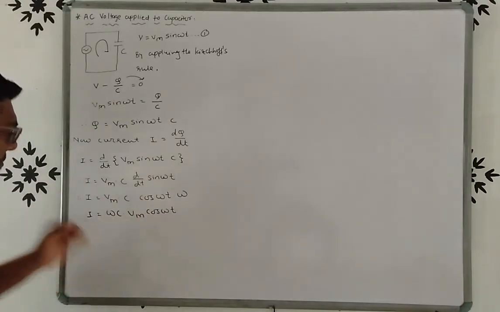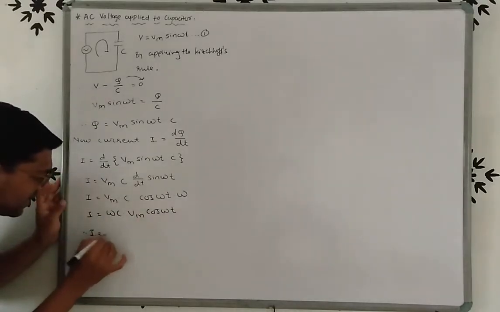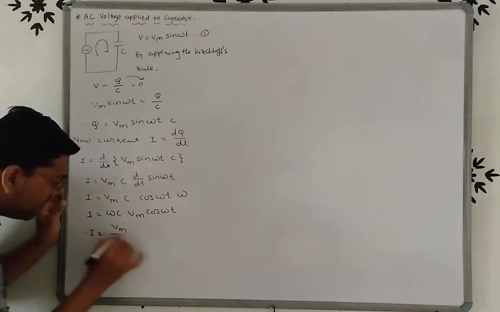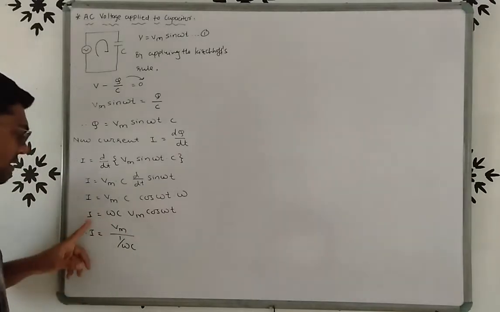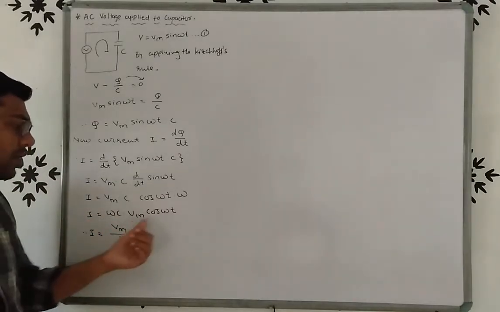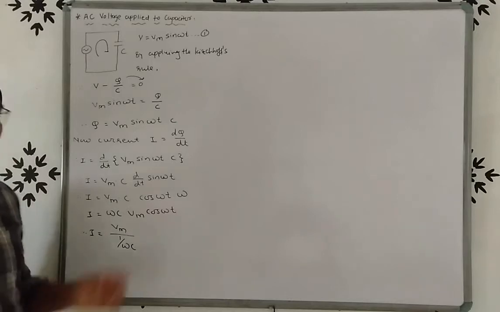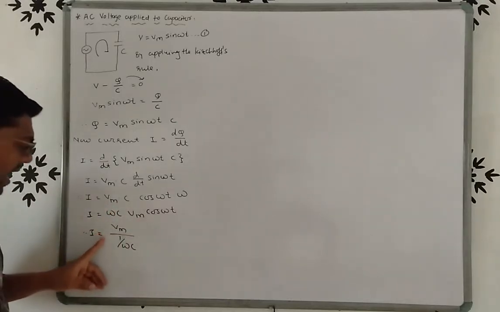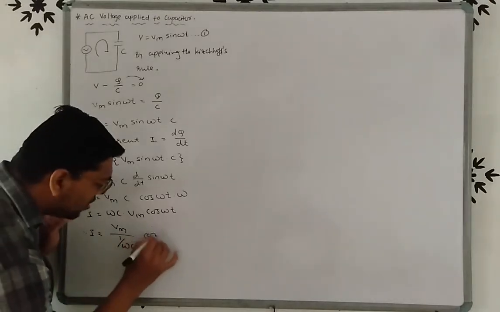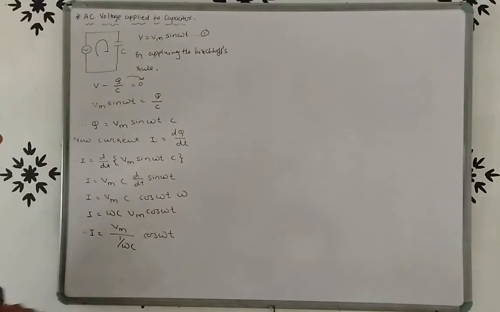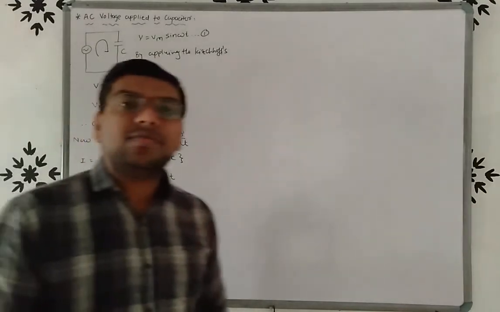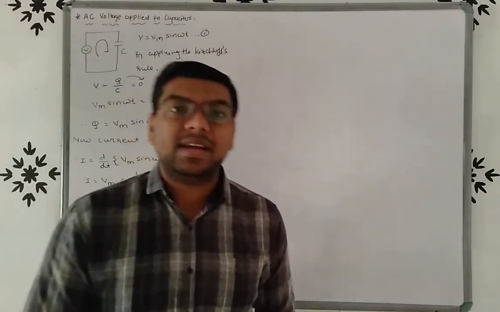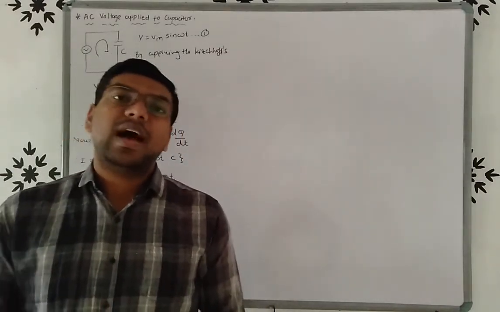So friends, we can also write this equation like this: I is equal to Vm divided by 1 upon omega C, into cos omega t. Now see here, we know that Vm by R is equal to Im.